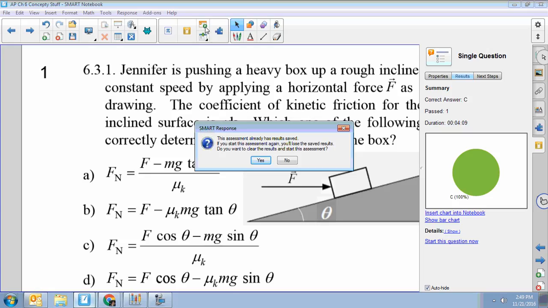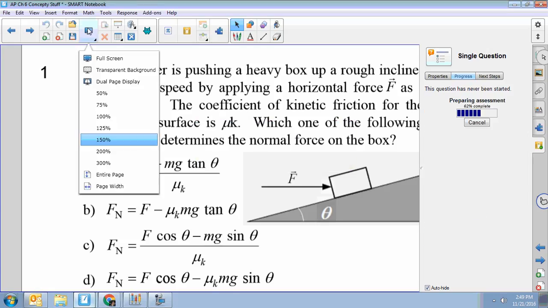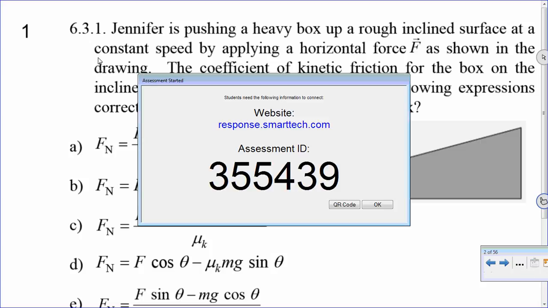I tested it to make sure. Okay, there you go. All right, so here's your assessment ID. All right, that's one more thing that I don't have time for. I wouldn't be surprised if Kahoot had AP level questions. Maybe they do. They might. Oh, I gotcha.